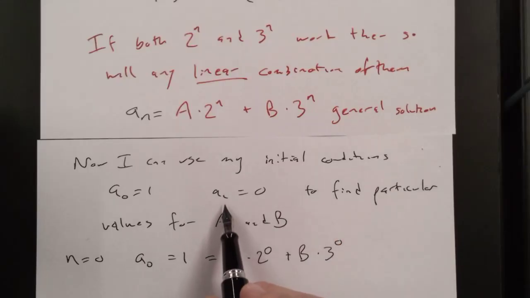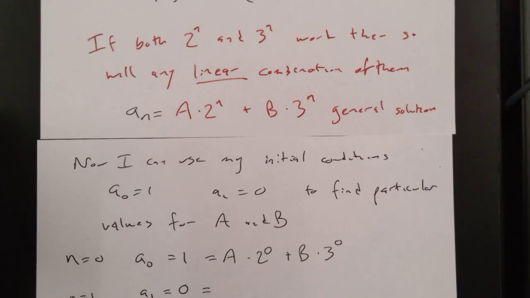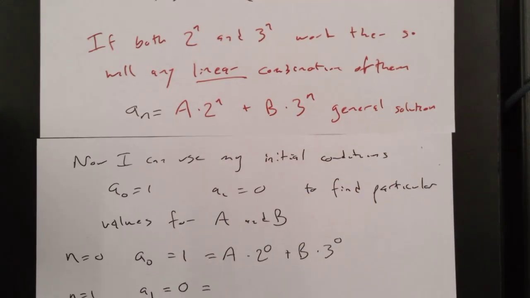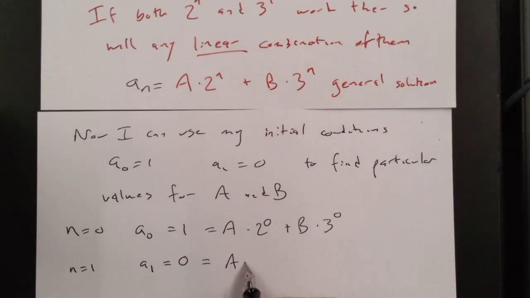This says A1, and that means that n is equal to 1. And that means I get to put a 1 in up here: A times 2 to the first, B times 3 to the first.